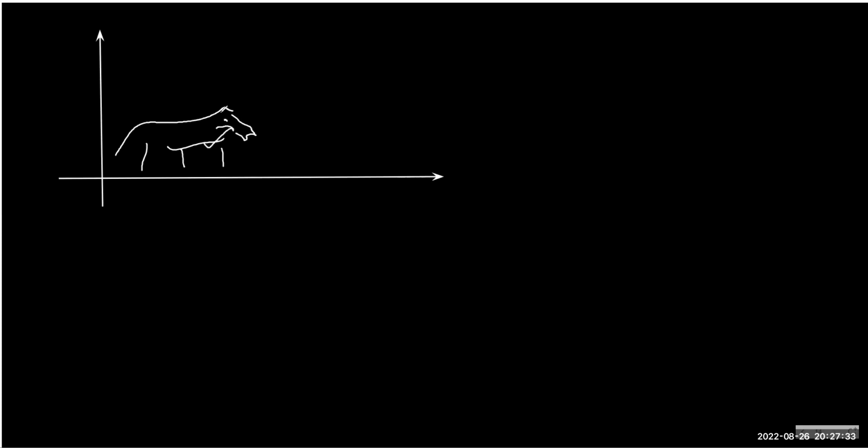I'm very poor with drawing. Nevertheless, first of all, you climb the mule. This climbing is called shifting upward, and then the mule walks. This is called translation. This is called shift, or we can say vertical shift. This is called the horizontal shift.